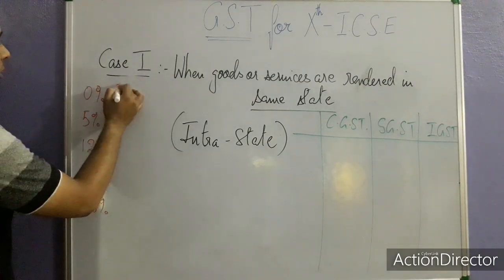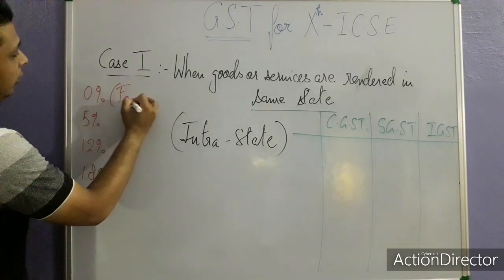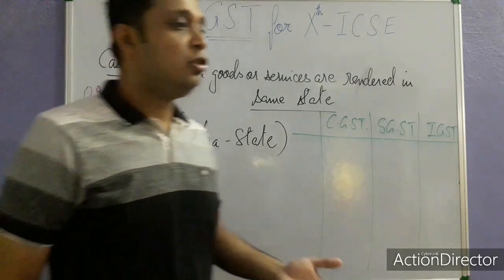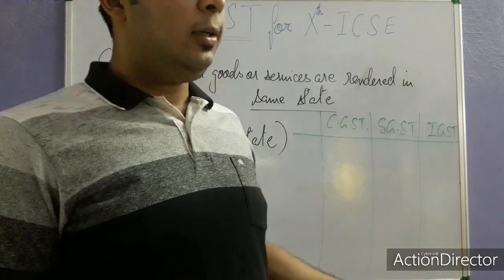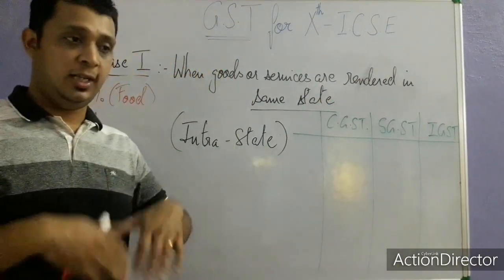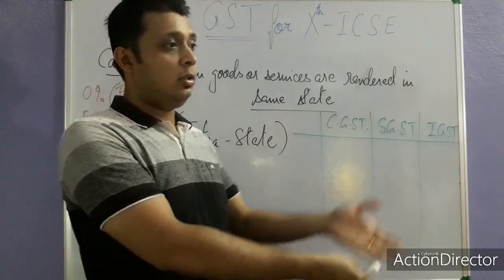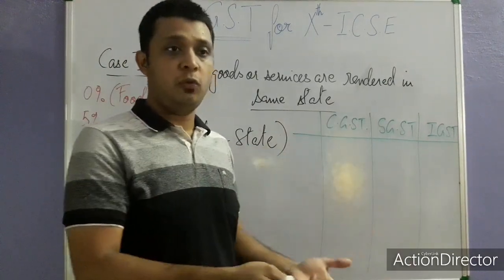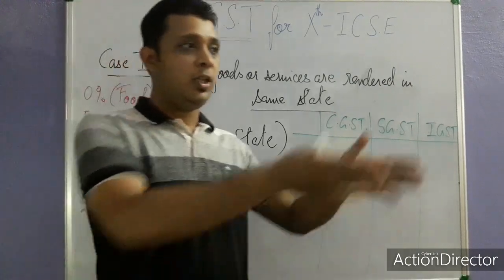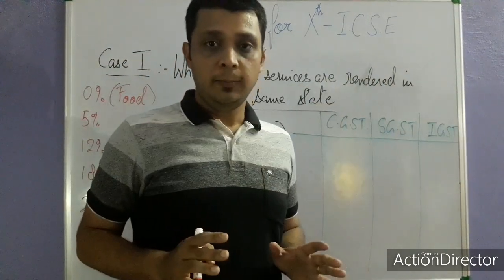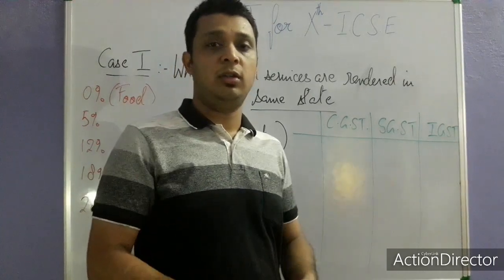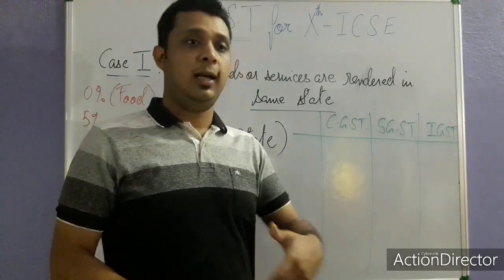So 0% is levied on food items. Food items means, suppose you go to a vendor who is selling vegetables or fruits. When you purchase food items from him, you straight away give the money to the vendor. You do not say, show me the GST slip, then I will give the tax.